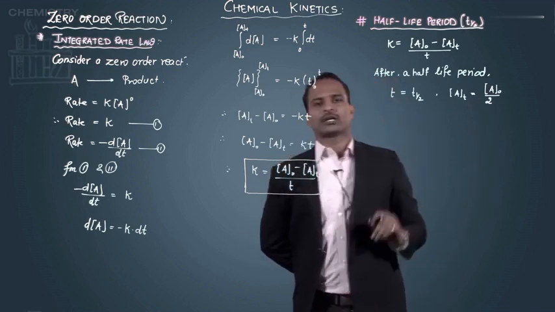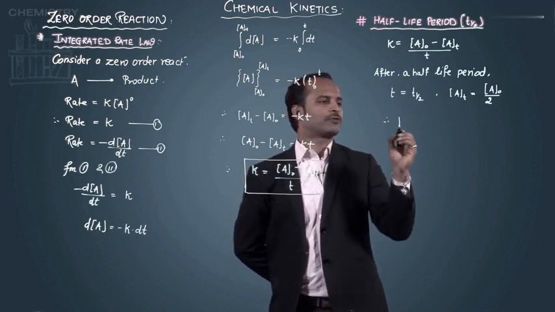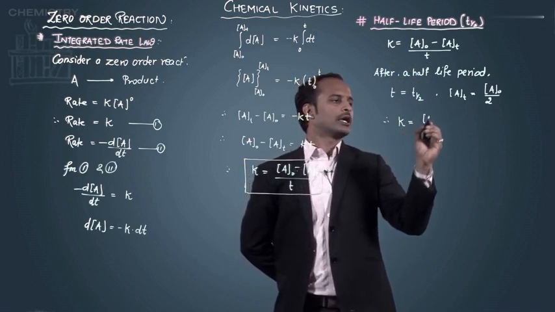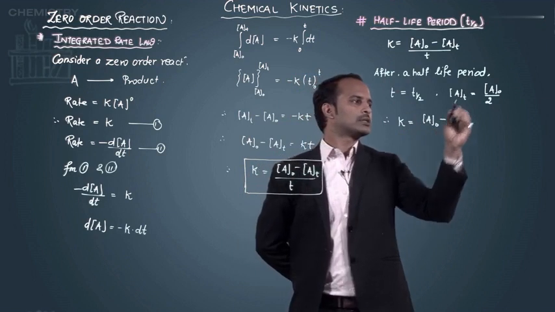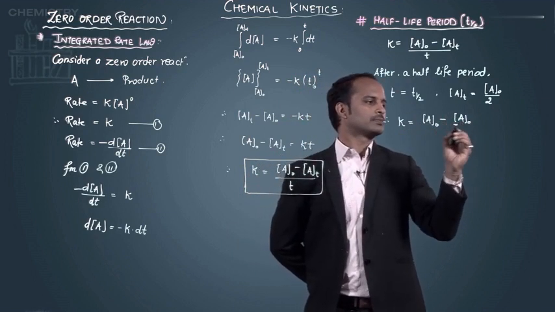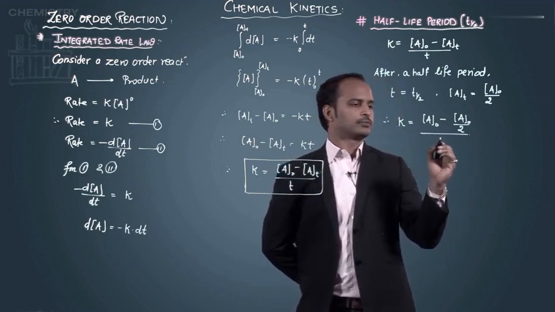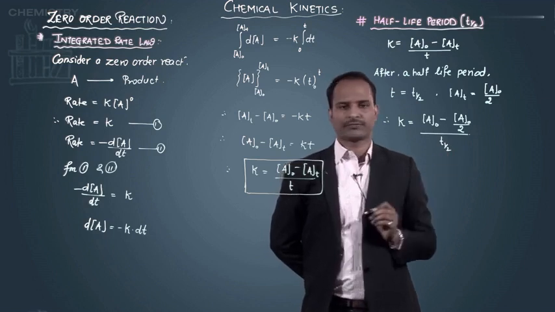Let us substitute both the terms in this formula. K is equal to A naught minus AT upon T. Instead of AT, we can write A naught upon 2, and instead of T, I can write T half.